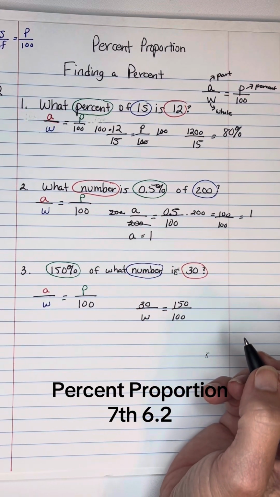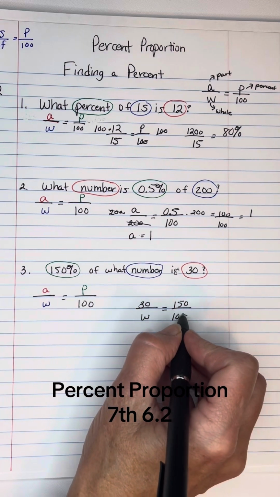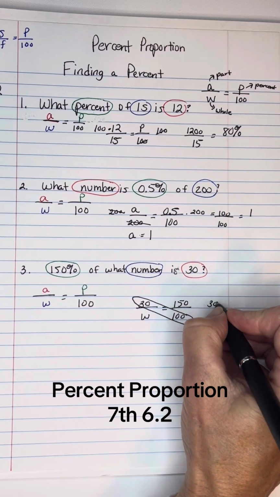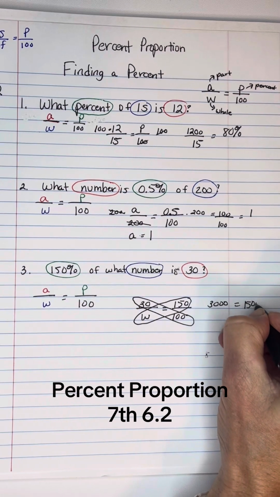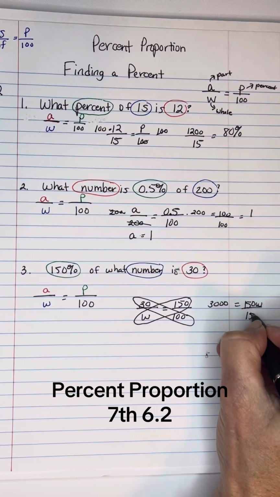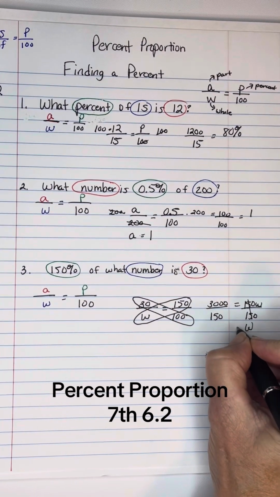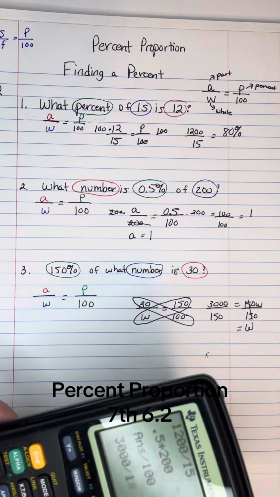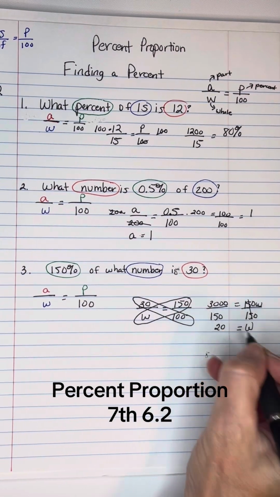Okay, so on this one, I think I'm going to cross multiply to show you that that works as well. 30 times 100 is 3,000 equals 150W. Then divide by 150. So the W equals 3,000 divided by 150. And that is 20. So the whole is 20.